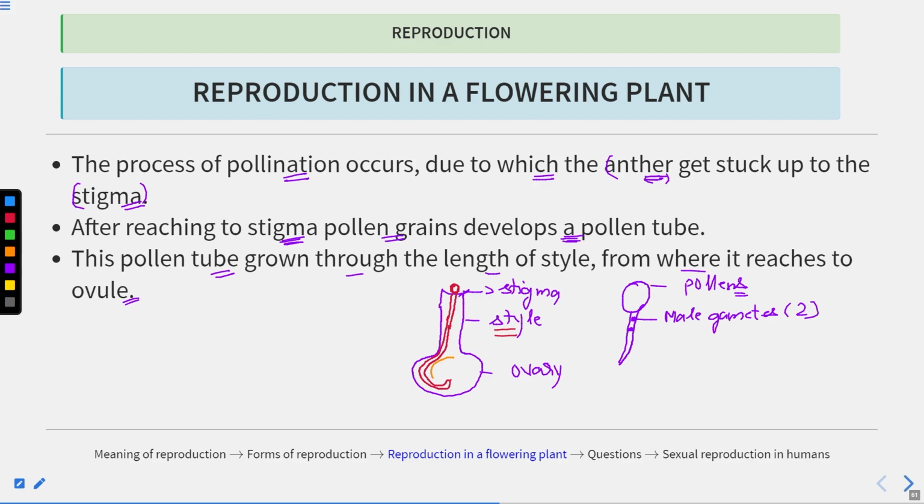Suppose this is an ovule. The pollen tube will germinate, travel through the style, and enter the ovule, and within the ovule the embryo sac is present, which consists of the egg cell. The two male gametes are released within the embryo sac, and one of them fertilizes the egg cell. Clear?